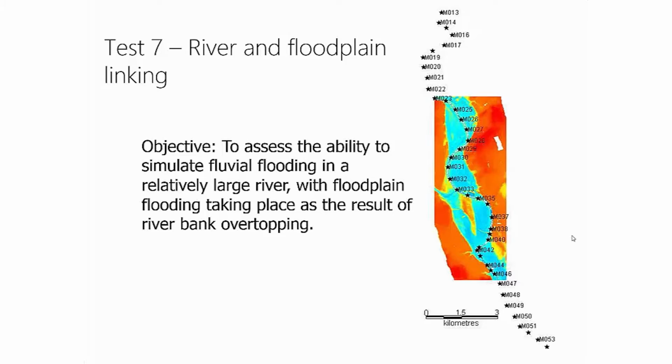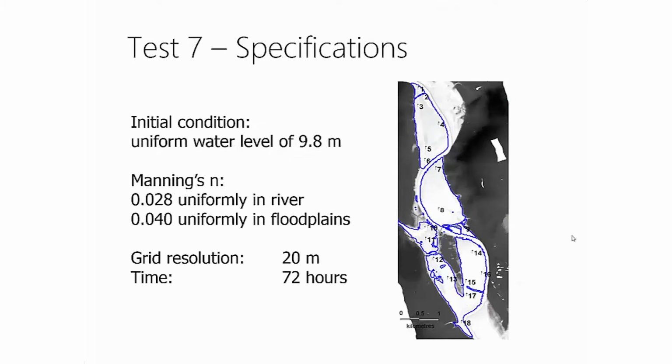So how this test was to be set up was to have the center channel modeled in 1D and then connect that center channel to 3 floodplains. In the figure shown in this slide, you can see on the right-hand side in blue, those polygons represent the 3 floodplains that we had to connect or link that 1D channel to. There was an initial condition of a uniform water level of 9.8 meters. We had two Manning's roughness values provided.